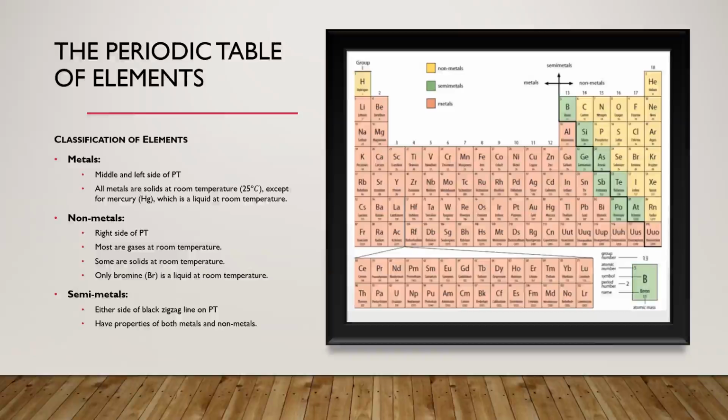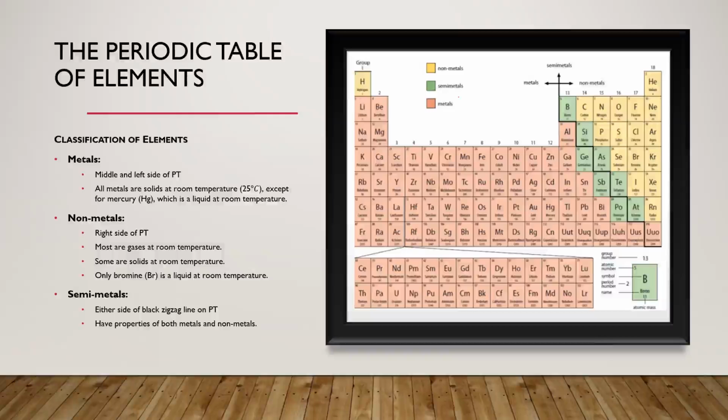But anyway, now we're just going to go through them properly and we're going to see how we can remember what metals, non-metals, and semi-metals are by knowing their definitions or by knowing how to look for them in the periodic table. Cool. So metals are in the middle and the left side of the periodic table.